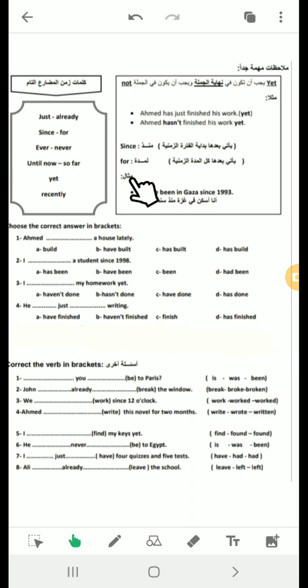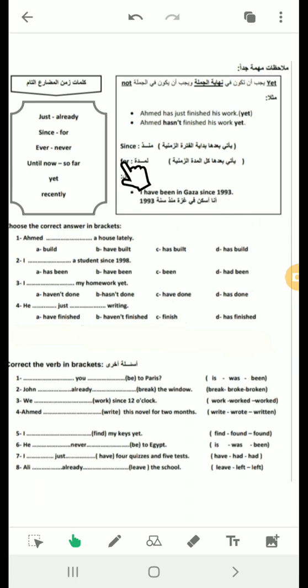Since and for. In Arabic, منذ. But since is used for what? For a period of time or a point of time. Since 1993. I have been in Gaza since 1993. This is the point of time. After it comes the beginning of the time period, the starting point of the event.